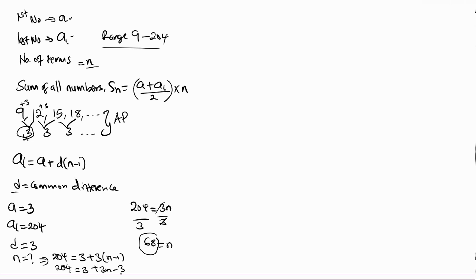Alright. Now, since the sum of all the numbers is given by this formula here, Sn is the average of the two terms, that is a plus al divided by 2 times n, where al equals a plus d into n minus 1.